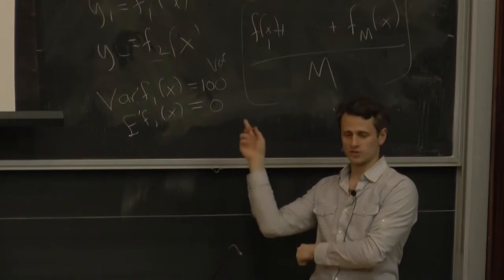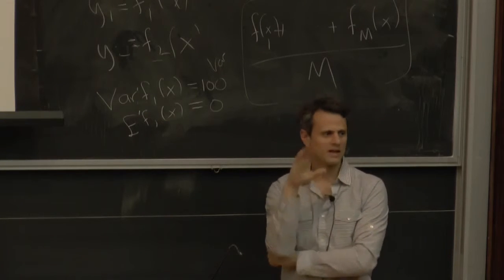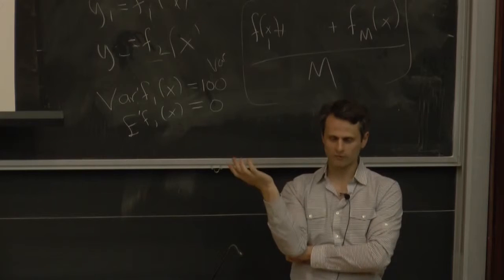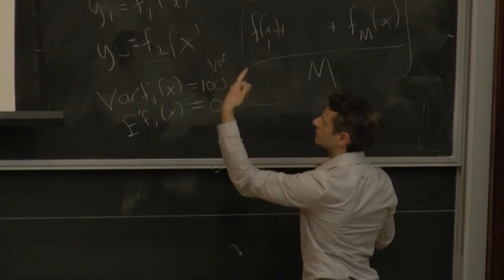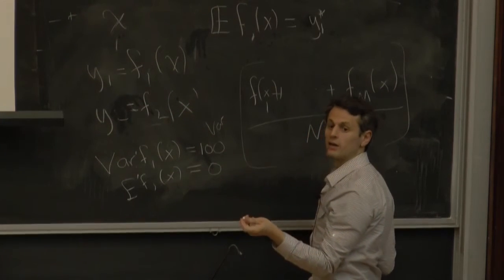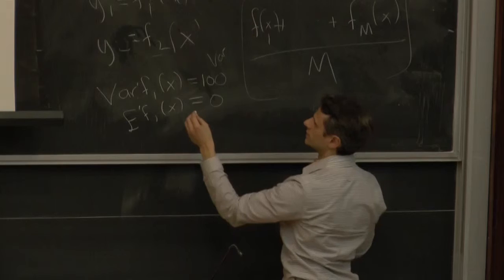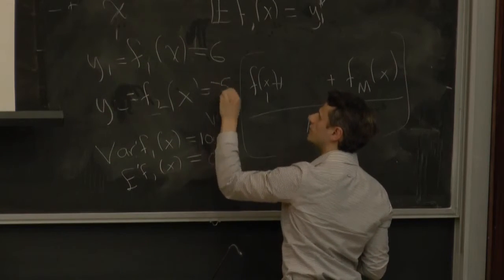That would be the expected prediction. 0 is possible, but unlikely. It may deviate from 0 by some amount. Roughly how much? 10. So a randomly drawn f will deviate from 0 by about 10. So it may predict, maybe this is 6, maybe the next one is -5.